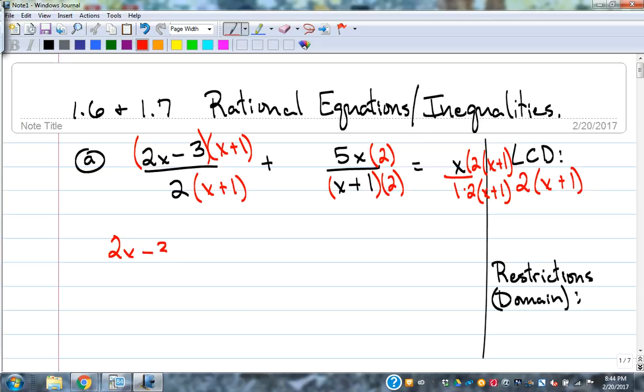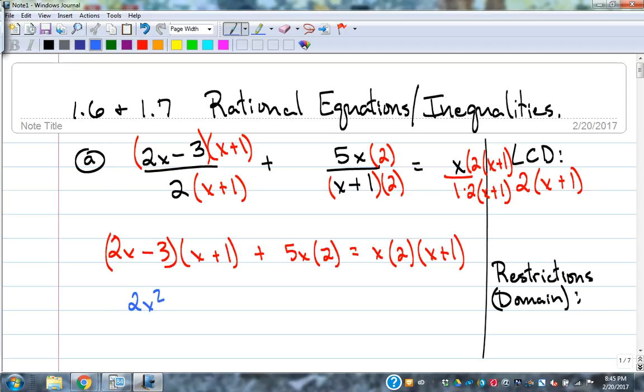I'm going to write it out separately here. This is the part we're worried about. We don't worry about the denominators anymore because we've got them all the same. So now we just need to work out this part.